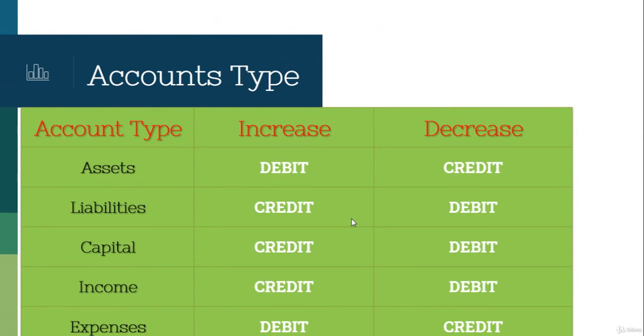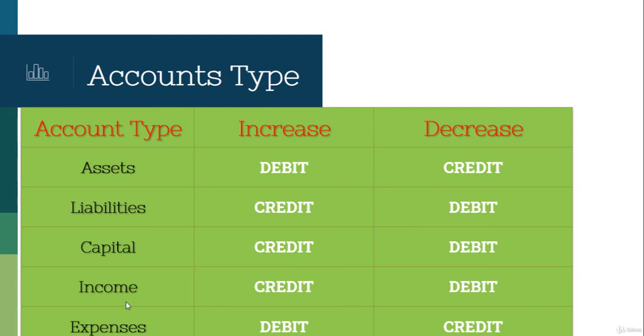Now we are going to look at account types with increase and decrease, and what happens in the equation. If an asset increases, it is a debit increase. If a liability increases, it's a credit, meaning the credit value increases. If capital increases, it's a credit increase.